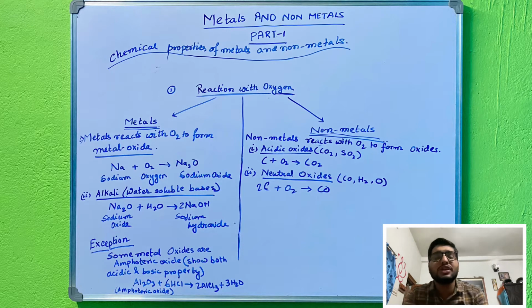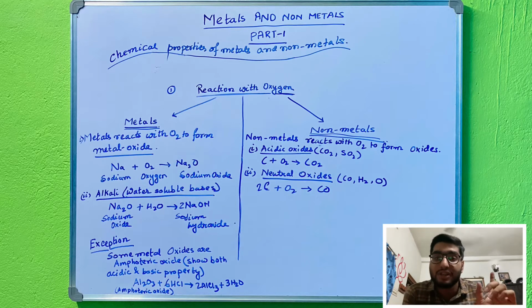Now coming to the non-metals. I am going to the chemical properties of non-metals. When a non-metal reacts with oxygen, it forms acidic oxides. So now I am coming to a non-metal, which is carbon. When carbon reacts with oxygen, it forms carbon dioxide.